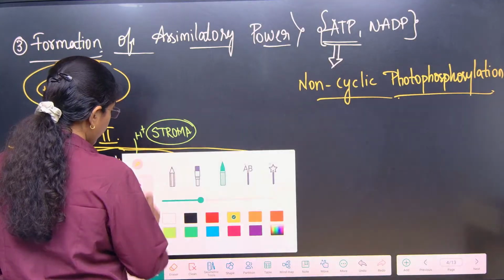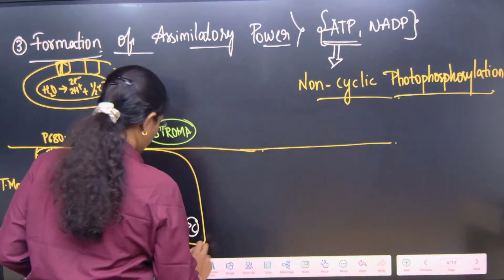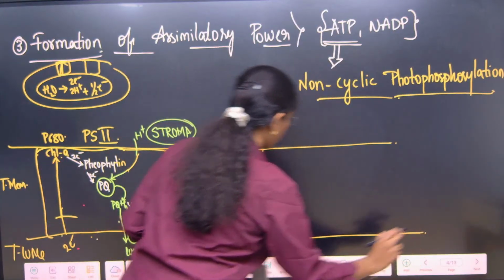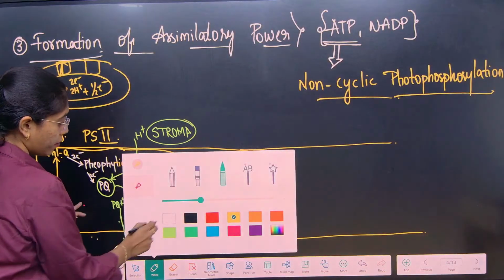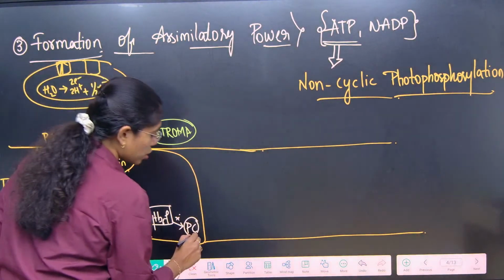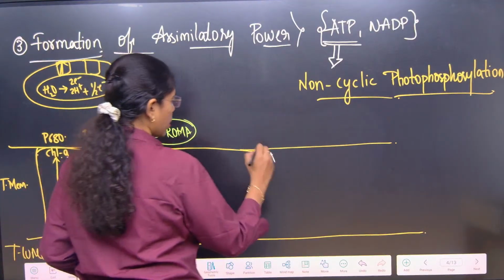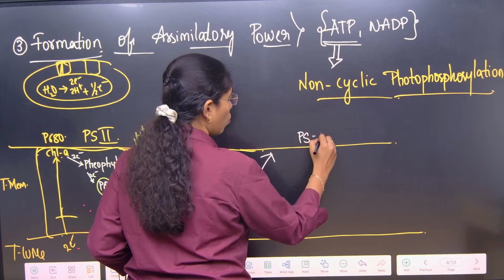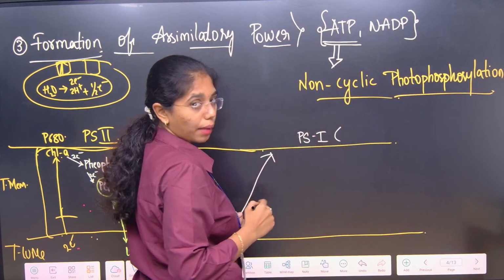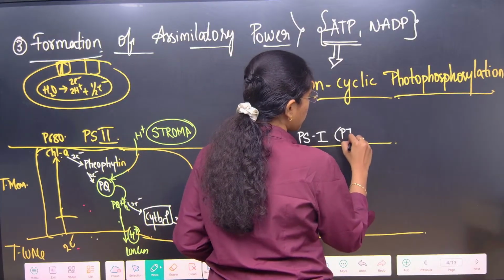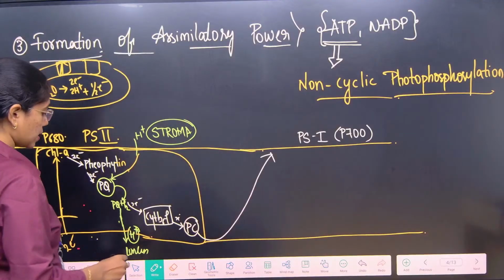And then here, if you look from plastocyanin, the electrons get excited to photosystem 1, where the absorption maxima is P700. P700 is the absorption maxima here.